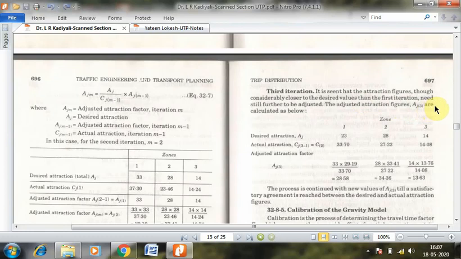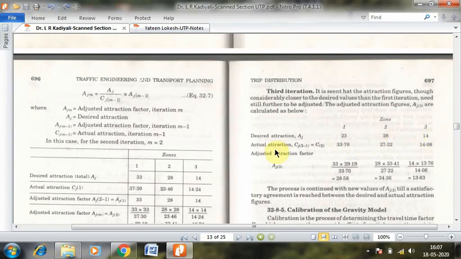So to calculate the new attraction factors Aj3, you will have to repeat the same process that we did here. So you will be having the zones 1, 2, 3. Aj here is again 33, 28 and 14. Just have a check. Okay, so it is 33, 33, 28 and 14.